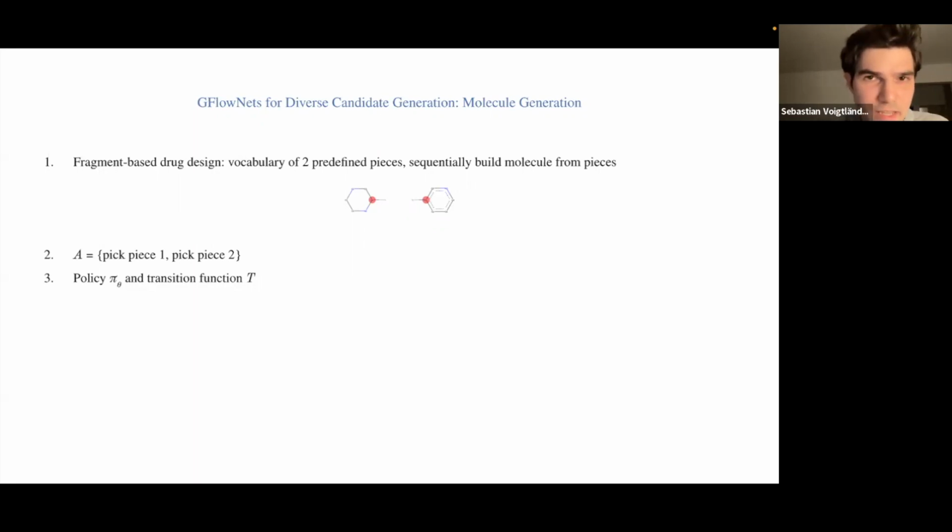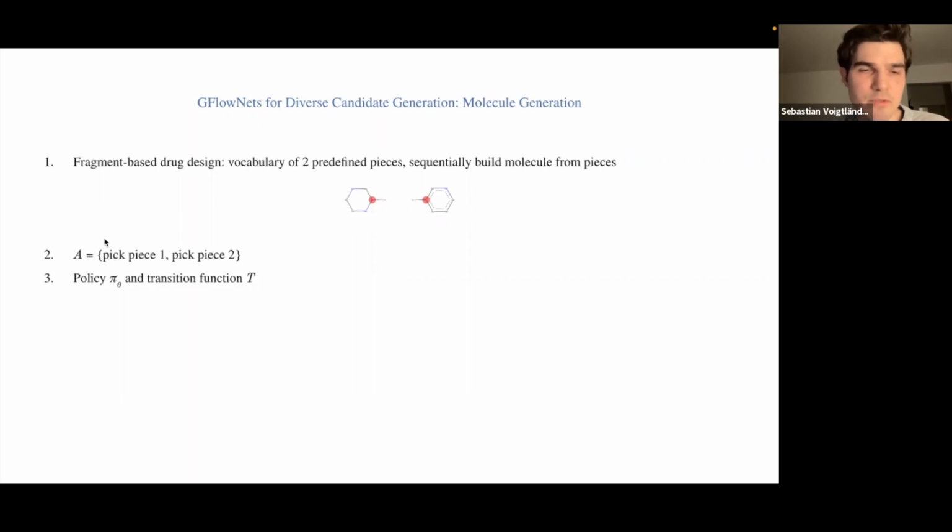I'm going to explain this in a little detail with a very simple example inspired by the first paper. This is simply to give you an idea of how to do this in practice. So we are drawing from fragment-based drug design, and let's assume you have a vocabulary of two predefined pieces, and you want to build a molecule from that.